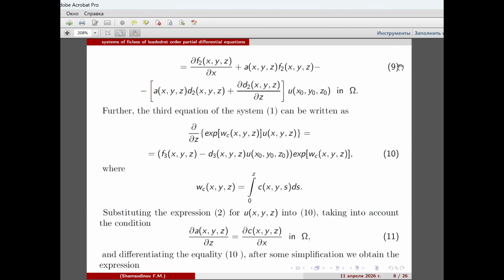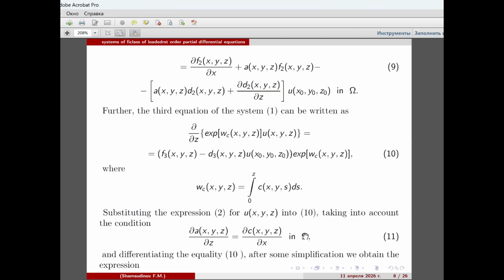Further, the third equation of the system 1 can be written as 10, where W_C(x,y,z) equals integral from 0 to z of c(x,y,zeta) dzeta.